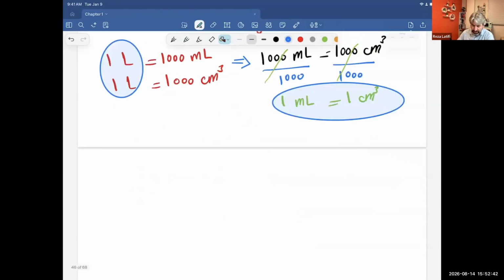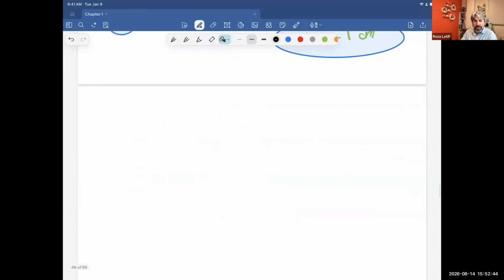Another thing we can use is to generate some units that they did not give to us, but there is a way that we can actually generate them. For example, let's say they tell you that 1 meter is equal to 100 centimeters.